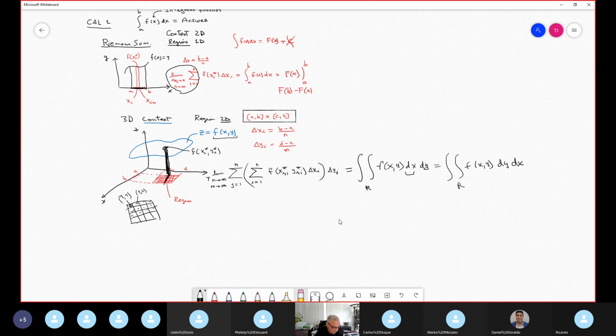Okay? Entonces, the question that flies in the air is, what is the interpretation of the double integral? When you compute a double integral and the answer is 240, 50, what is the meaning of this number? Interpretation.